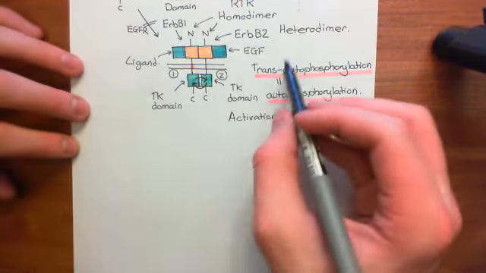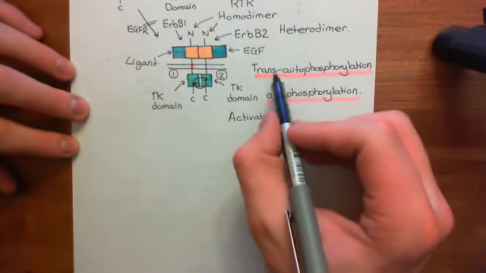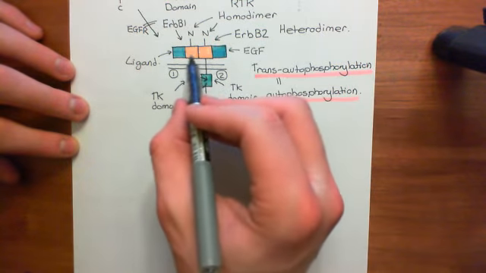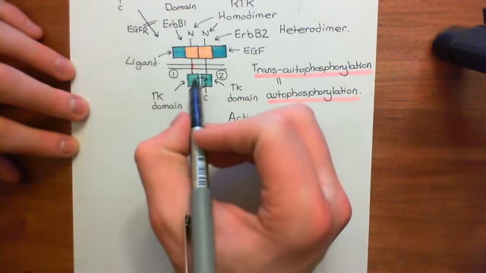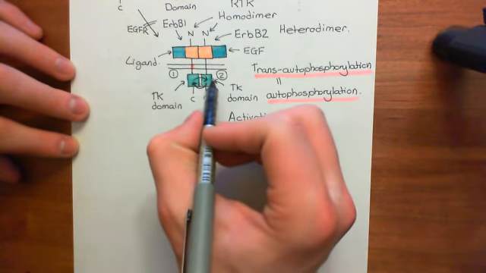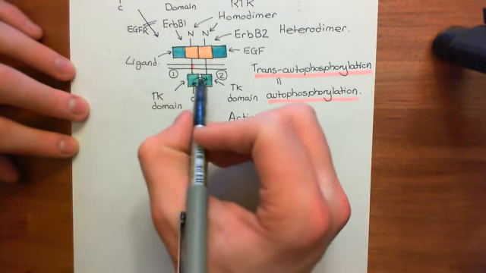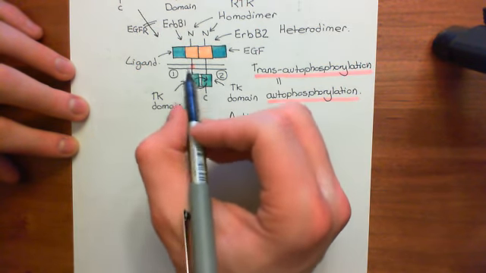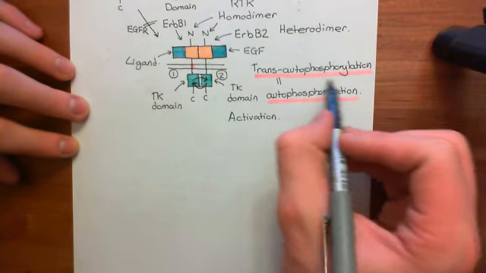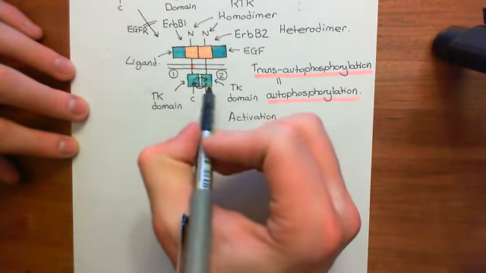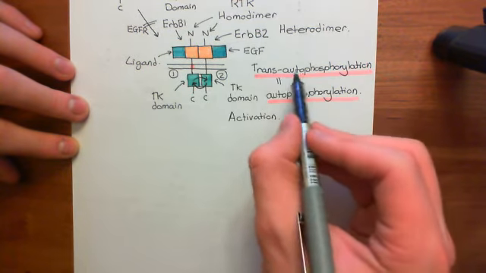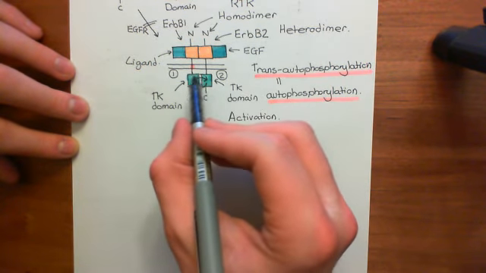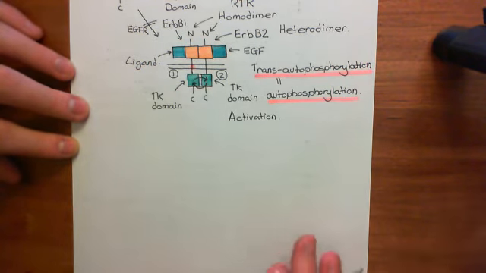But then transautophosphorylation recognizes the fact that actually this is a dimer of two separate receptor tyrosine kinases, and that it's one phosphorylating the other rather than one phosphorylating itself. Okay, so the autophosphorylation takes into account that the dimer is now being viewed as one structure. The trans takes into account that it's two separate proteins, basically.